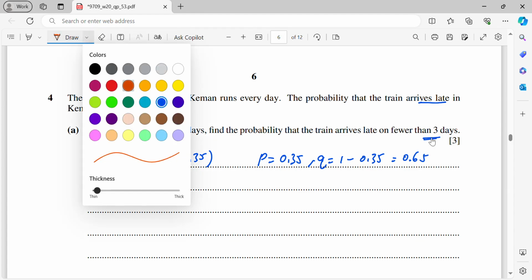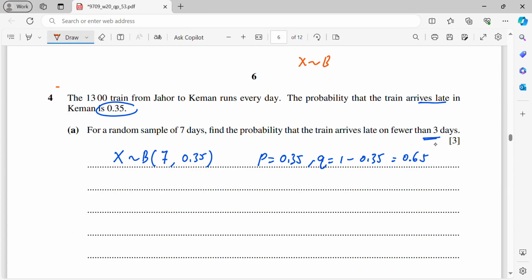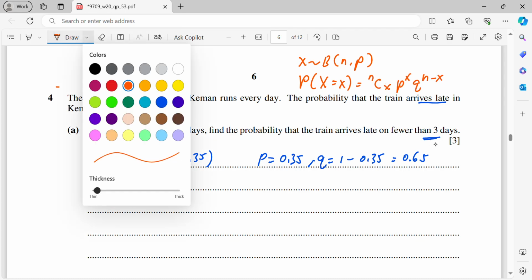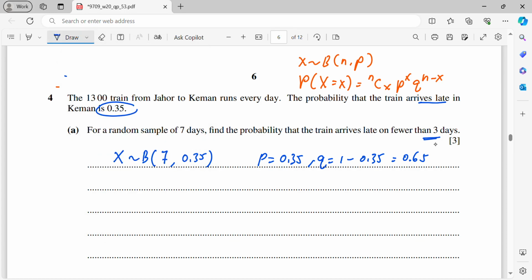Now, since this is binomially distributed, this is the formula. Probability of X equals lowercase x is nCx, p to the x, q to the n minus x. That means now you need to get less than 3 days, so P(X less than 3). Less than 3 means your x will be 0 or 1 or 2.